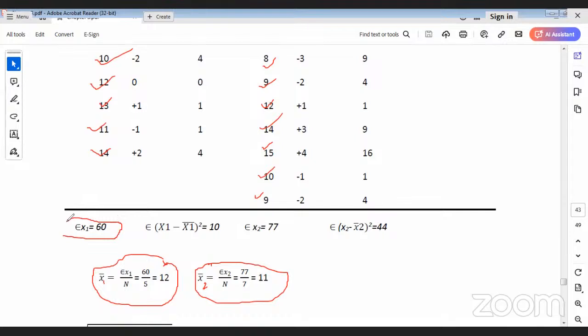Sigma means the sum of above values. Sum means addition of above values. Okay, sigma x1 by n, 60 by 5, 12 వచ్చింది. మళ్ళీ sigma x2 by n, 77 by 7, that is 11.